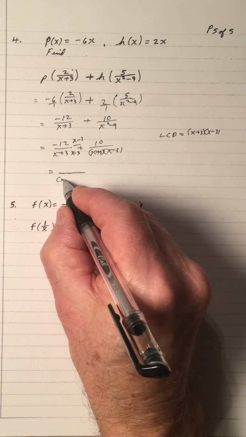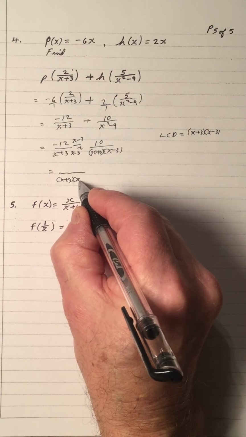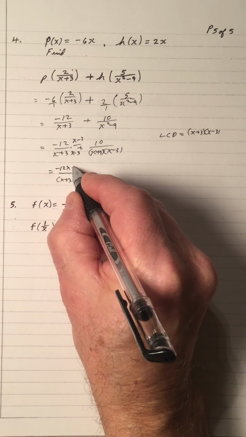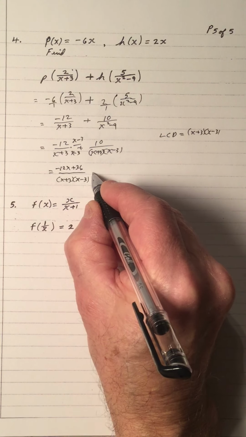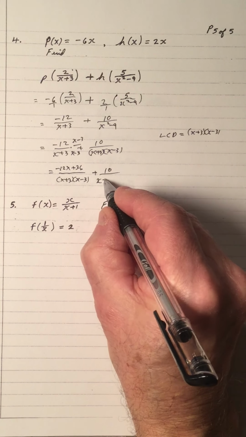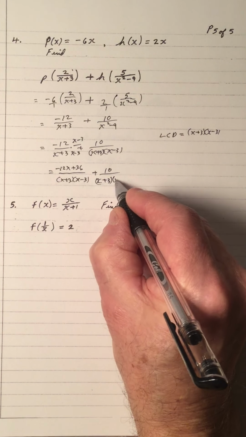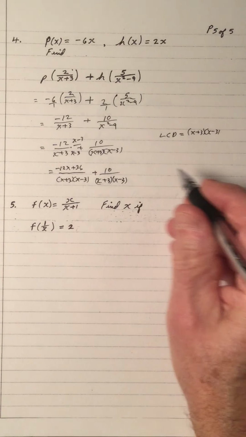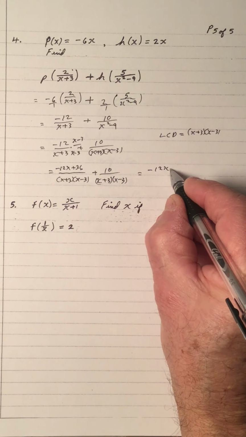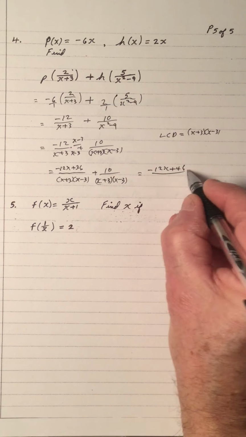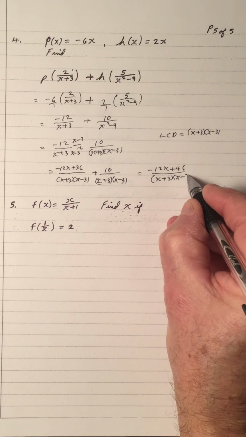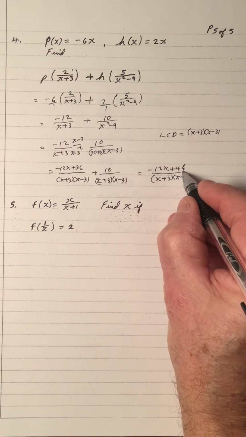Because that will give me x plus 3, x minus 3 on the bottom, and it'll give me a negative 12x plus 36 in the numerator. This is already the LCD, so I don't change it. And when you add those, you get a negative 12x plus 46 all over the LCD. So it's simplified.